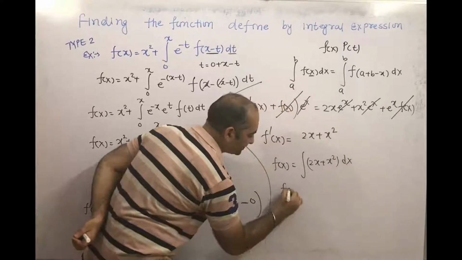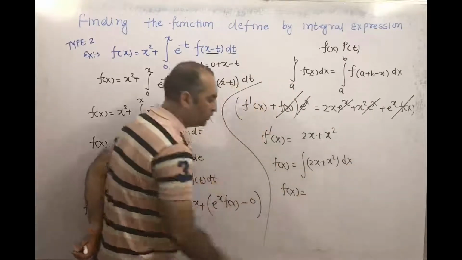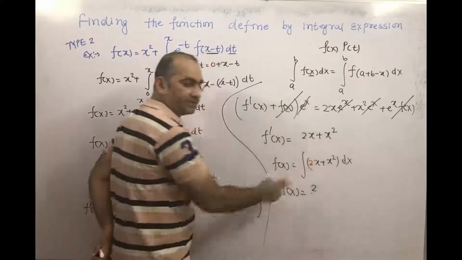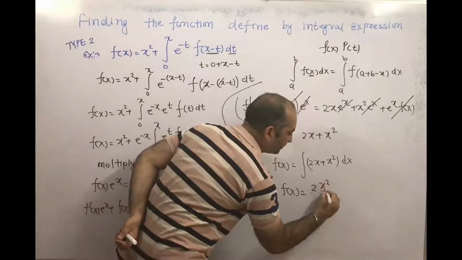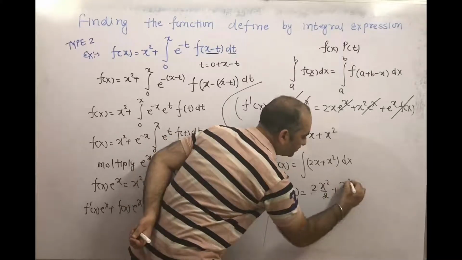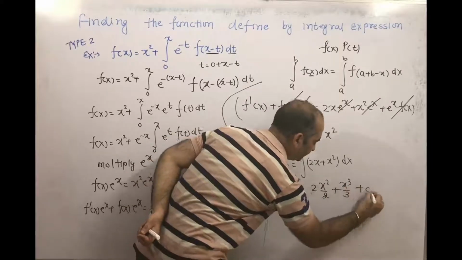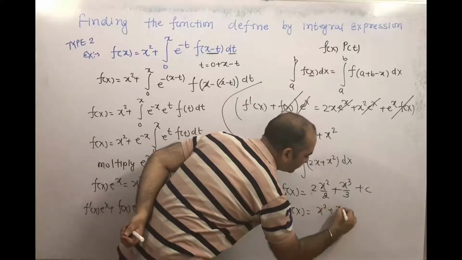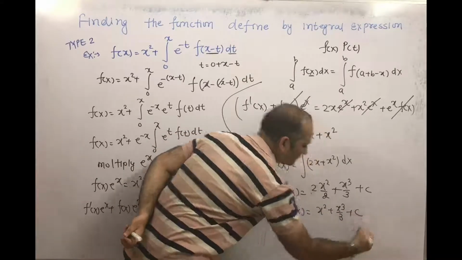The integration of 2x is x square by 2 times 2, that is x square, plus x square integration is x cube by 3, plus c. So f of x equals x square plus x cube by 3 plus c.